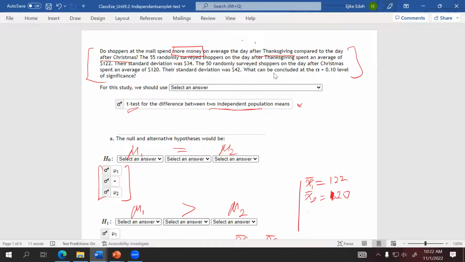And we have the standard deviation for group 1 is 34, and the standard deviation for group 2 is 42. Right? So these are the data we have, and we have that alpha is equal to 0.1. This is what we can pick from the question.